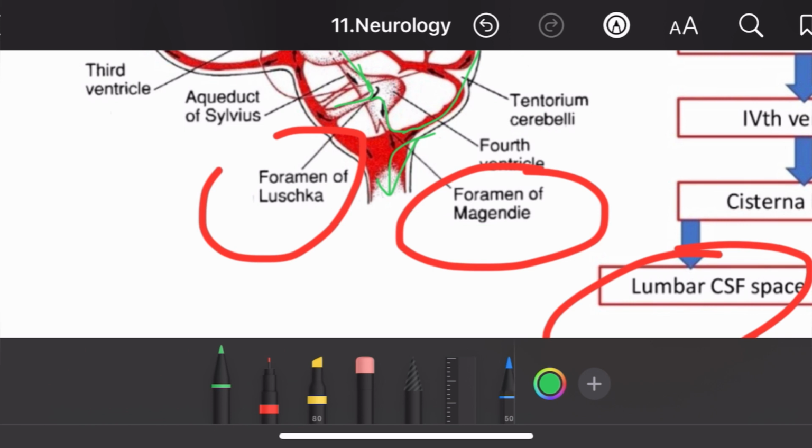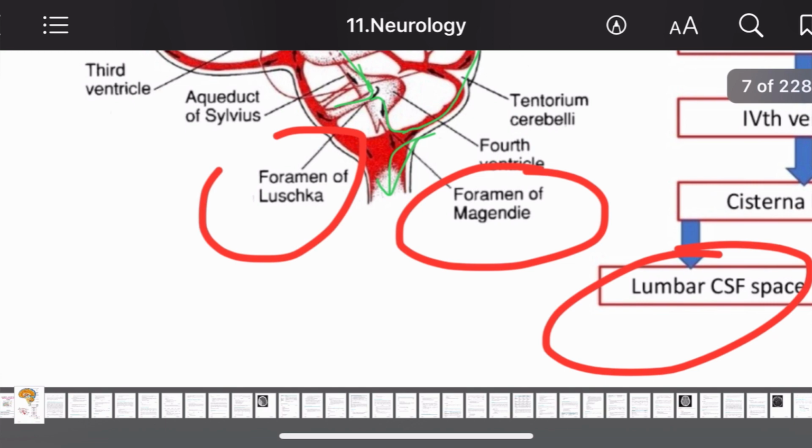And we have talked about the differences between the three layers of the meninges, and the difference between the meninges of the brain and the meninges of the spinal cord.